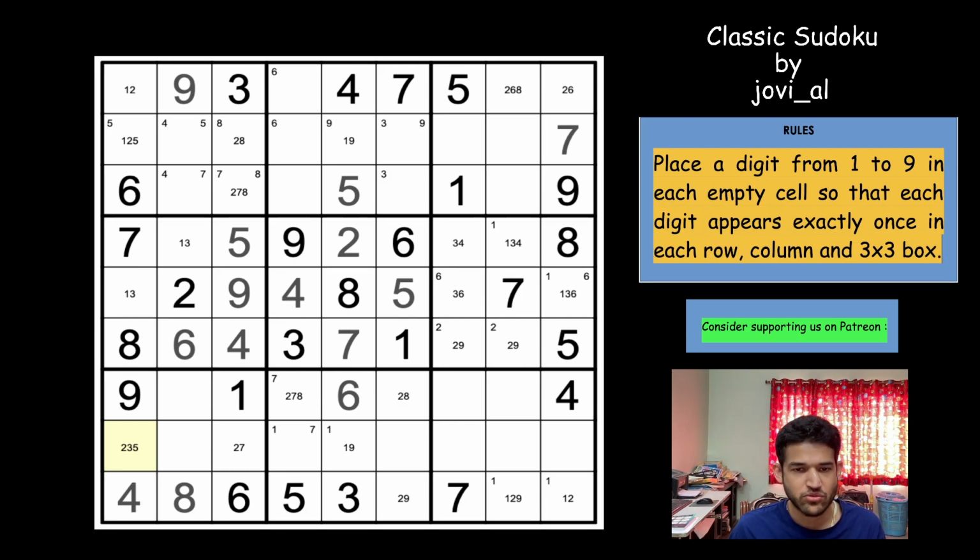Okay, I also have 2 not being in these cells, so that gives a pointing pair of 2s in here. 2 can't be here, 2 can't be anywhere in this row. Okay. These both are 3, 5, 7.